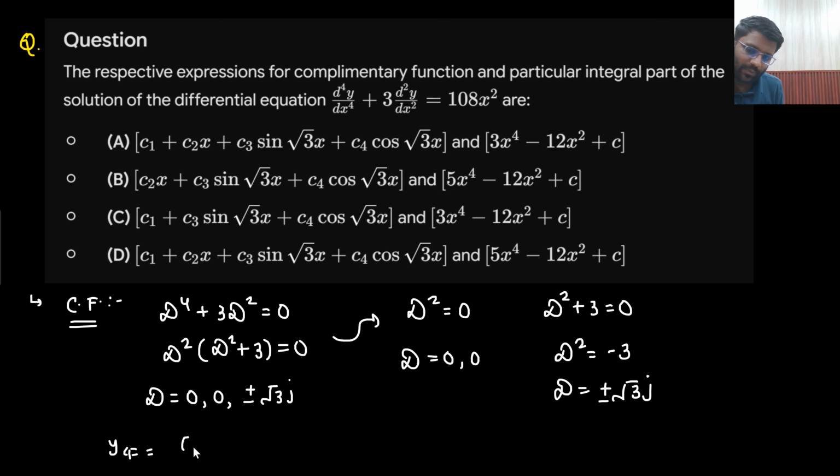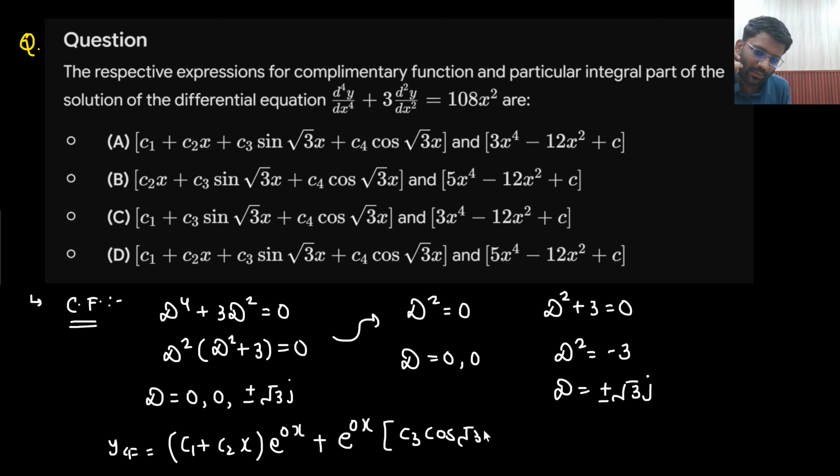So CF will come out to be C1 plus C2x e to the power 0x, plus for under root 3j, e to the power alpha x, what is the value of alpha? Value of alpha is 0. C3 cos under root 3x plus C4 sin under root 3x. There you go. This will be your CF.